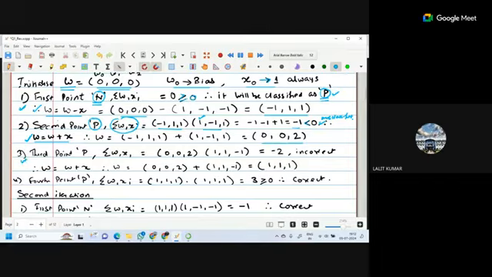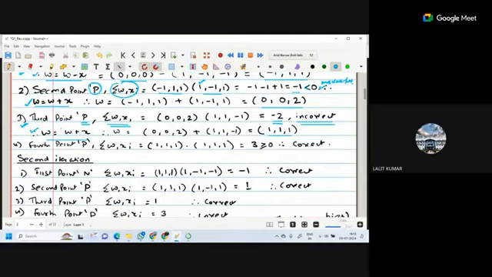Now we come to the third point, which is positive. We do Wixi and it becomes minus 2. Again incorrect, so we update, W is equal to W plus X. The value is 1, 1, 1. We come to the fourth point and do the summation. The summation becomes 3, so this is correctly classified and there is no update here.